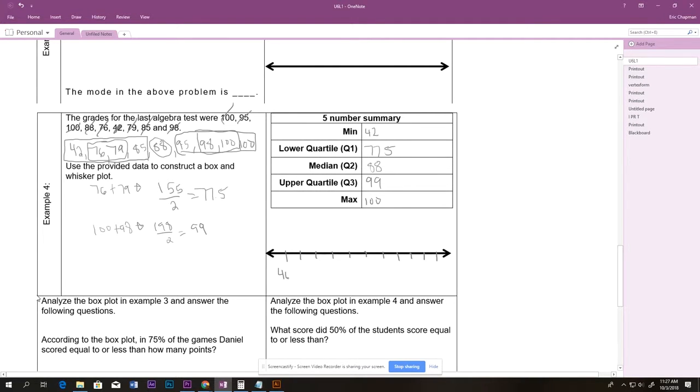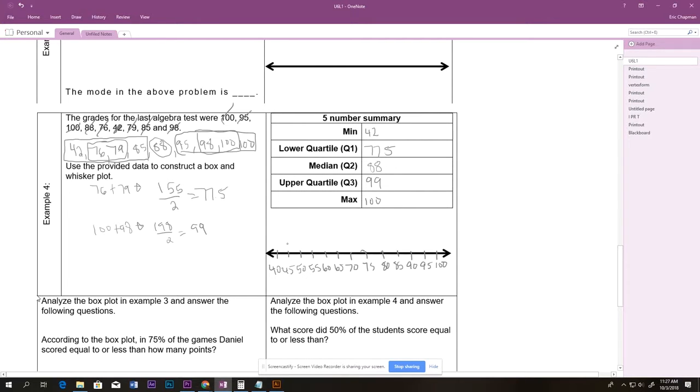So we're going to go by 5: 40, 45, 50, 55, 60, 65, 70, 75, 80, 85, 90. Still not small enough. Let's do this smaller. There we go. 40, 45, 50, 55, 60, 65, 70, 75, 80, 85, 90, 95, and 100.